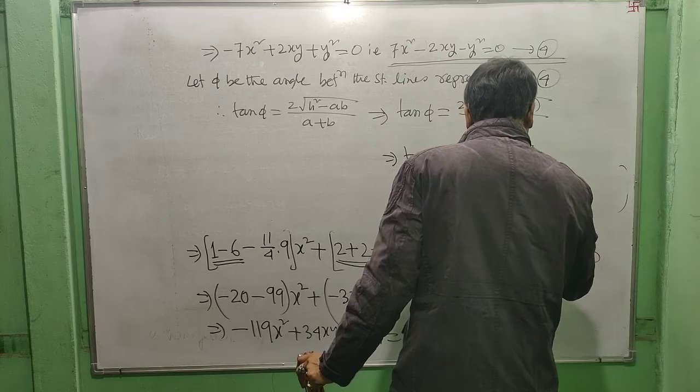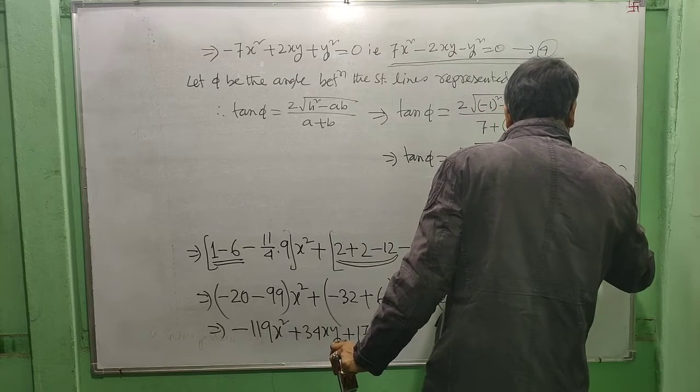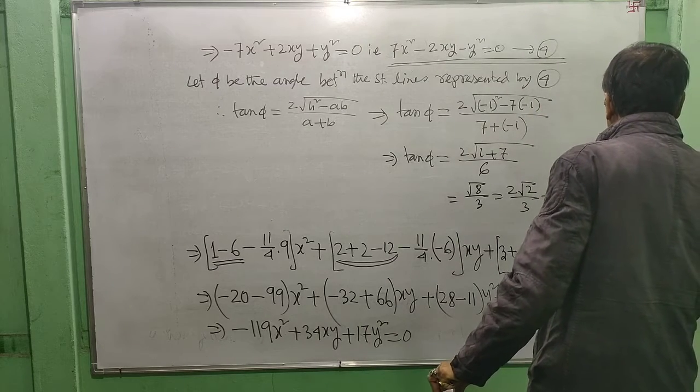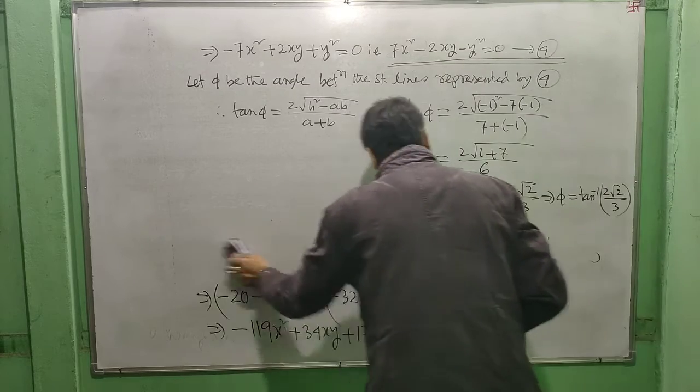This is nothing but 2 root 2 by 3. This means phi equal to tan inverse 2 root 2 divided by 3.